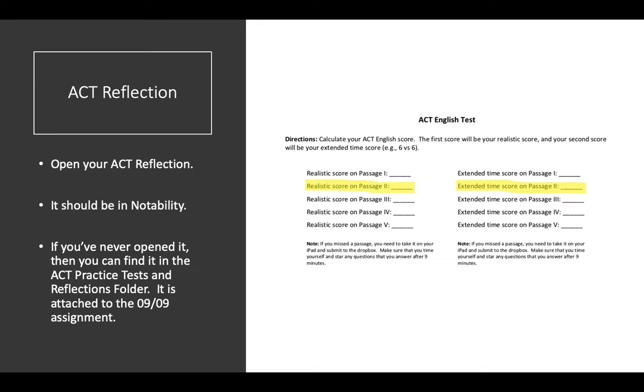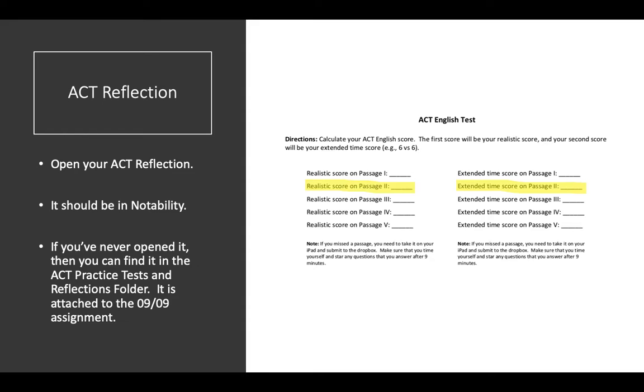So the first thing I want you to do is to look at your ACT English Test Passage 2 score that you got on it, and you need to write down your realistic score, that's how many you got right in the time limit, and your extended time score here, which is how many you got right with all the time you needed.